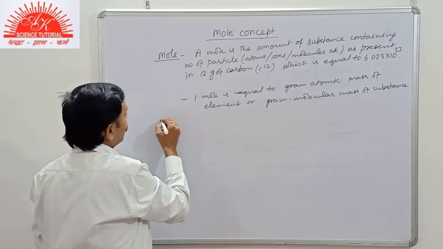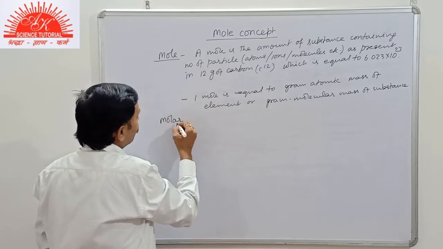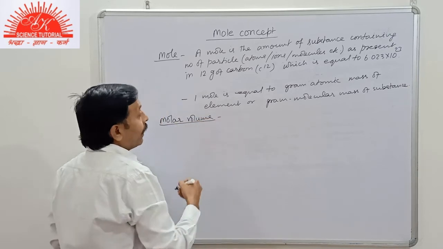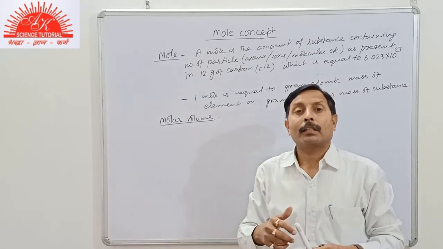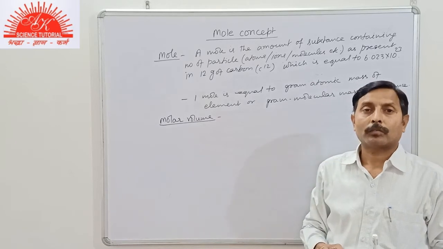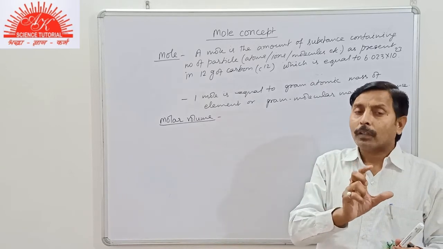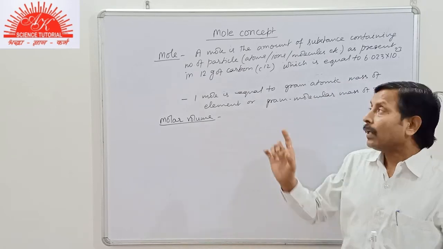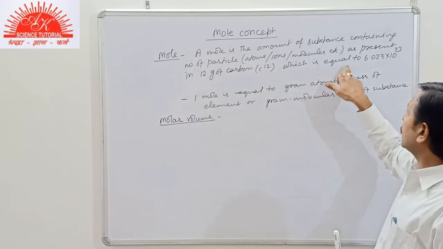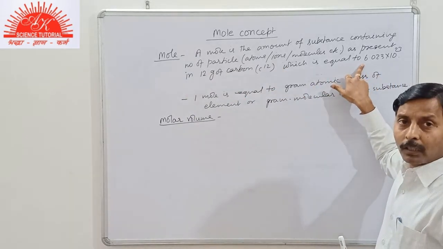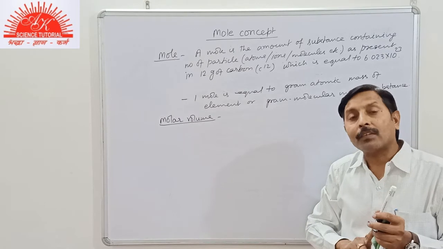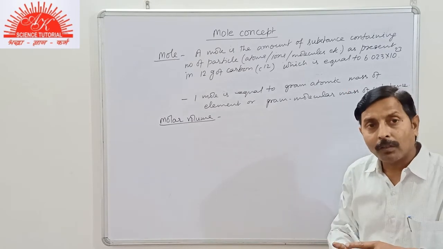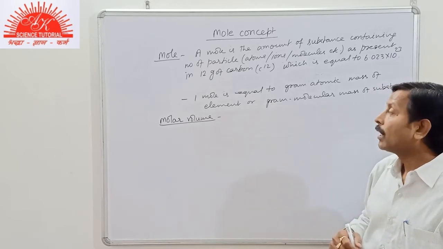One more thing. Suppose there is another part, molar volume. As we have studied in Avogadro's law that if the volume is equal, the number of molecules will be equal. So, if 1 mole of every substance has this much number of molecules, it means that 1 mole of every substance will have a definite volume at STP, and this volume is actually known as molar volume.